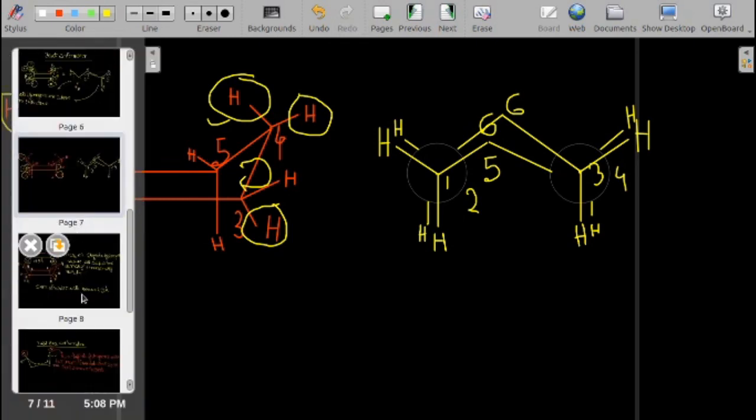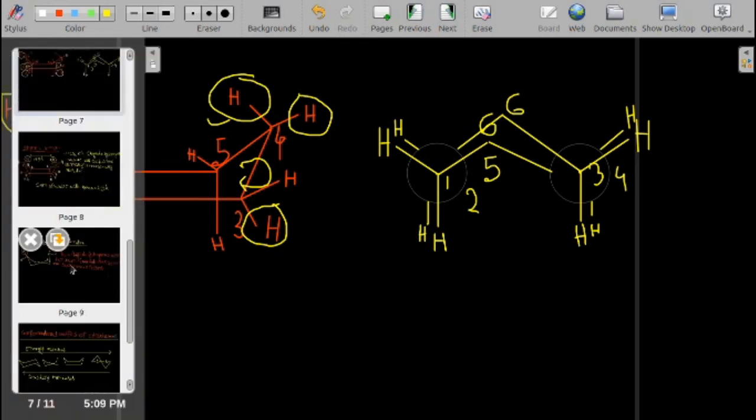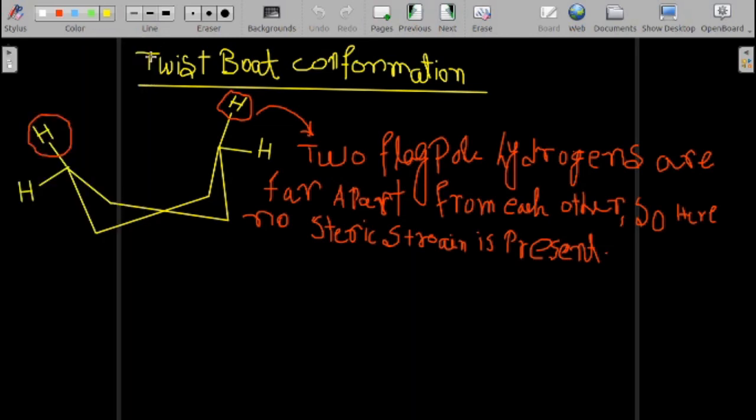Now we will talk about the twist boat conformation.